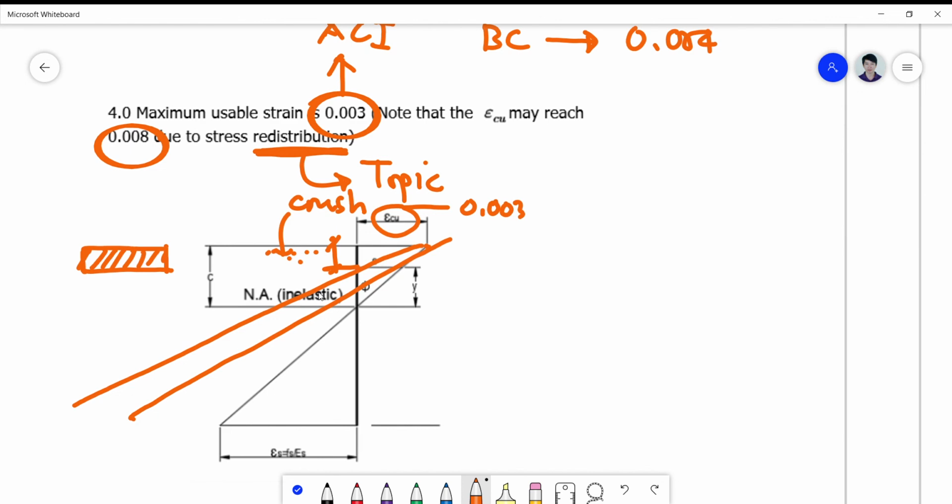So that's how we look into the failure stages, considering the beam behavior. Okay, so we will be learning a lot of that when we go to curvature and ductility concepts.